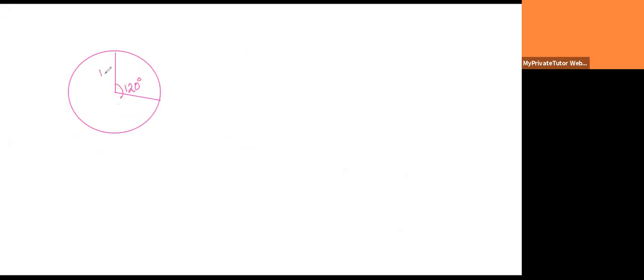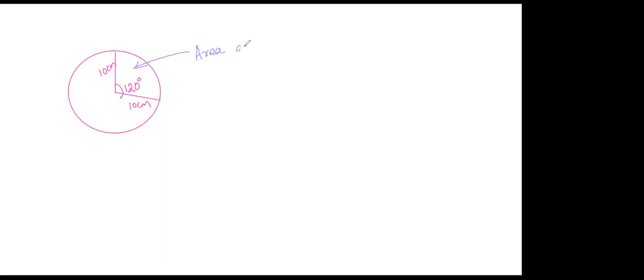This is 10 centimeters, and this is also 10 centimeters. Here they ask you to find the area of only this sector. You can find the area of a complete circle using pi r square, but they are asking only for this portion. I hope you understand what I mean by the area of a sector.